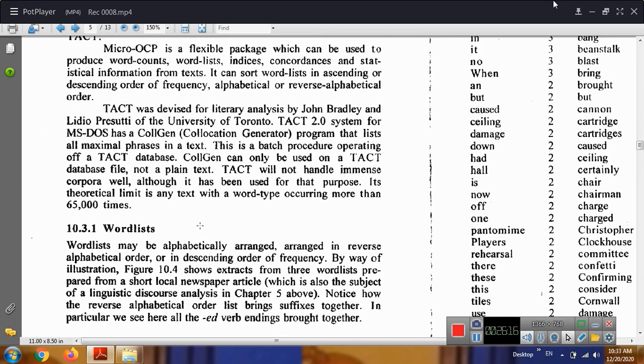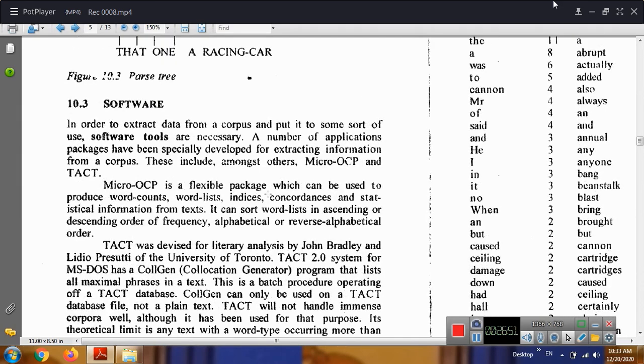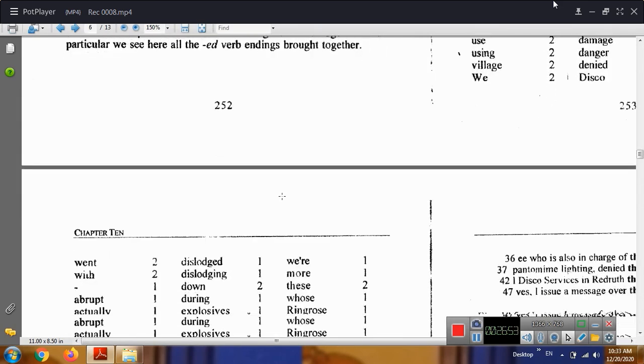The collocation generator can only be used on a TACT database file, not a plain text. TACT will not handle immense corpora well, although it has been used for that purpose. Its theoretical limit is any text with a word type occurring more than 65,000 times. About the software, you should know just these two, MicroOCP and TACT, for extracting data from the corpus.